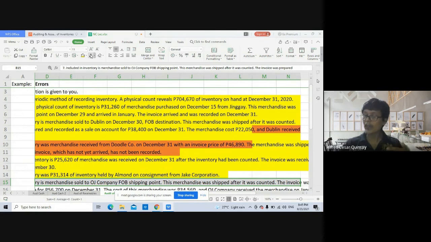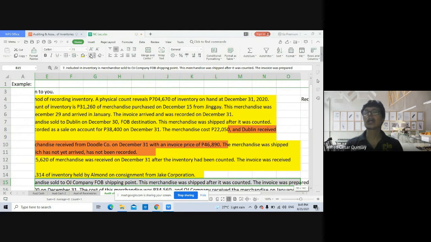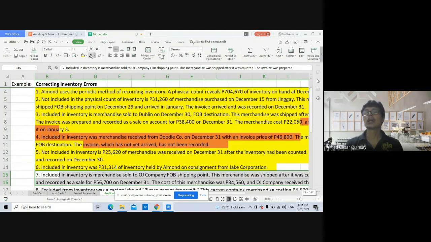So kasama dun sa bilang, and then shinip na siya. So hindi siya natanggal dun sa inventory. The invoice was prepared and recorded as a sale for 56,700. So doon sa sales transaction, it was a debit to accounts receivable and credit to sales for 56,700. So no need to adjust for that, no?